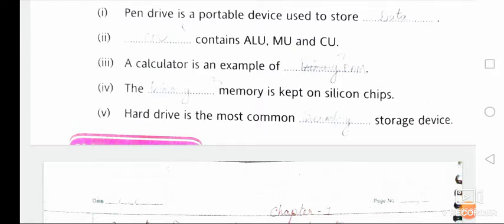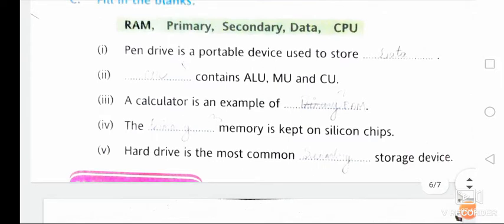Then fourth one, the primary memory is kept on silicon chips. Then fifth one, hard drive is the most common secondary storage device.